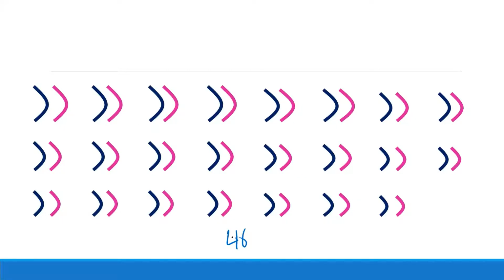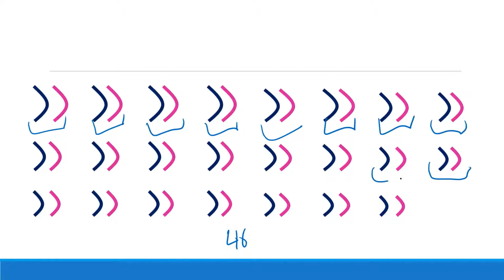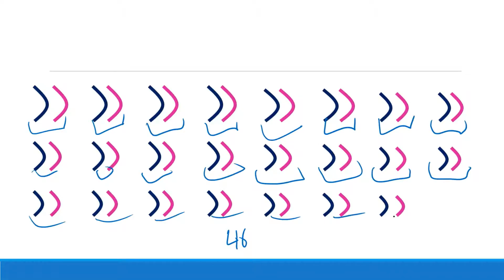Done this already. Of those 46 chromosomes, each of them has a pair. One of these pairs comes from mom, and one of these pairs comes from dad. We've done this a few times already. And we're going to do something we've done before as well.